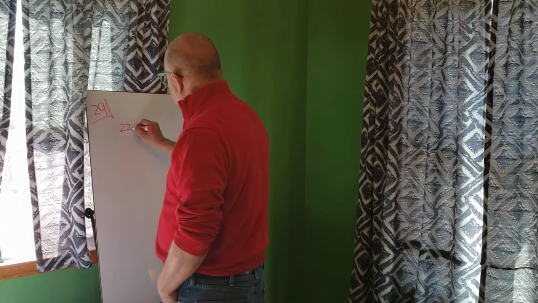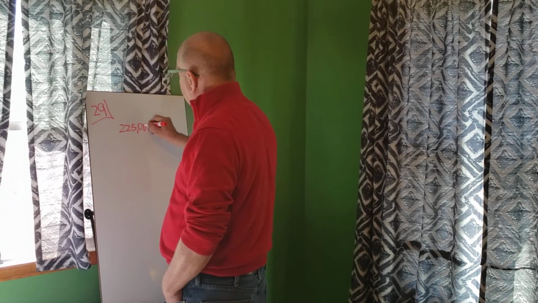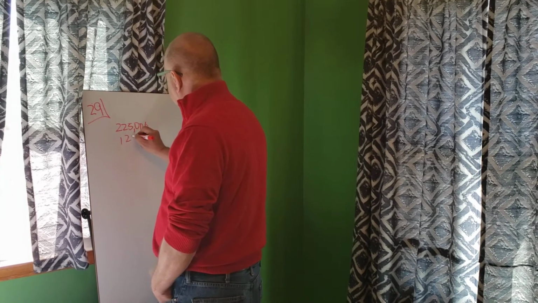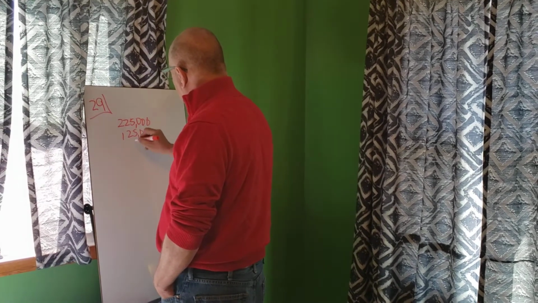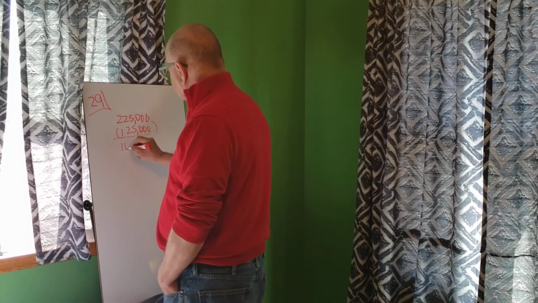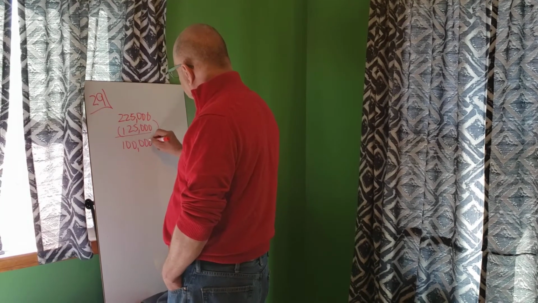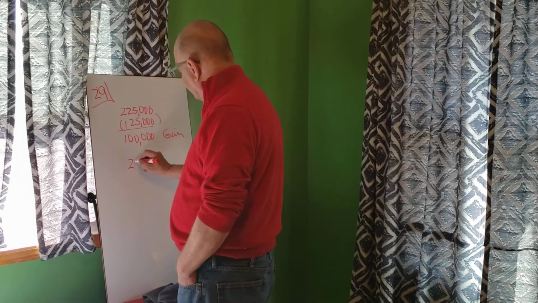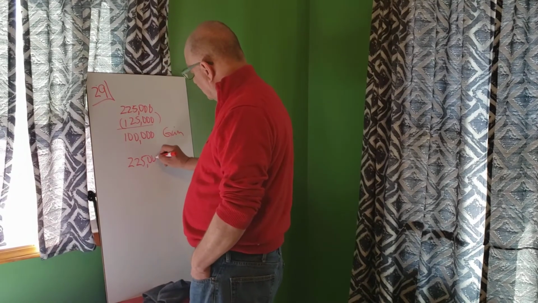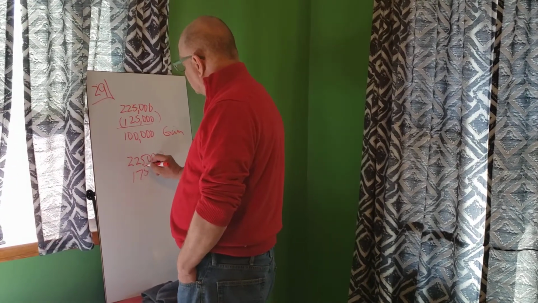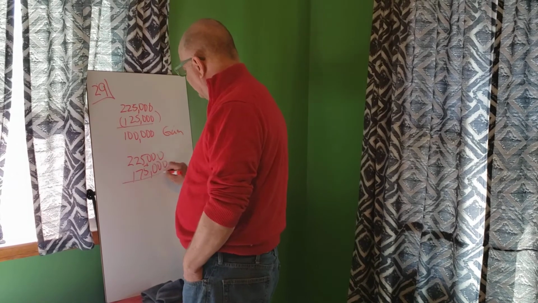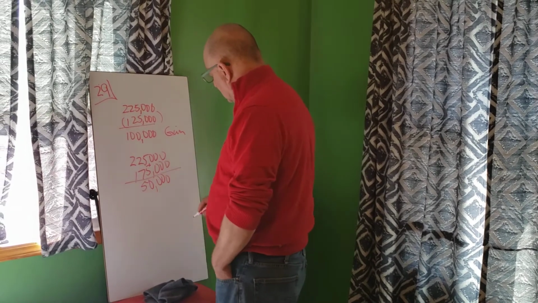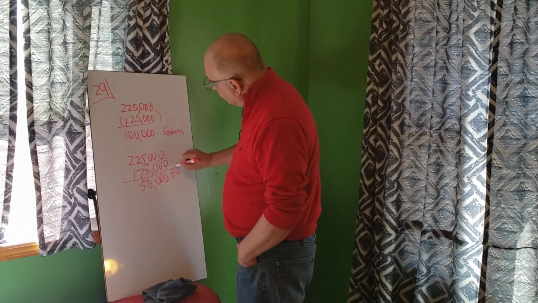We sell it for $225. We get insurance proceeds of $225. Our basis is $125. That gives me a $100,000 gain. But I got $225, and I only reinvested $175. That makes it so I have $50,000 of money that went in my pocket.